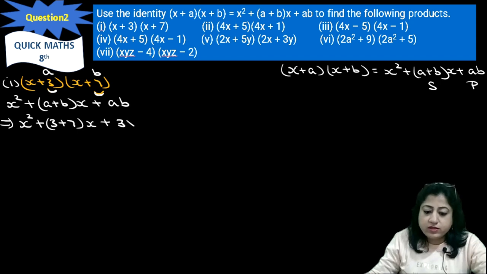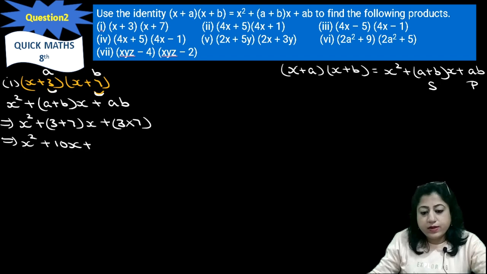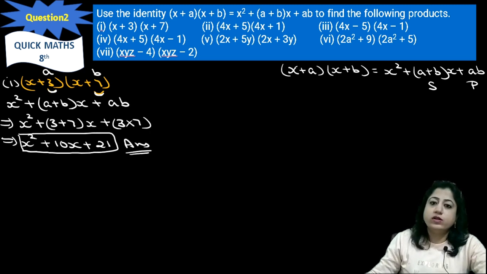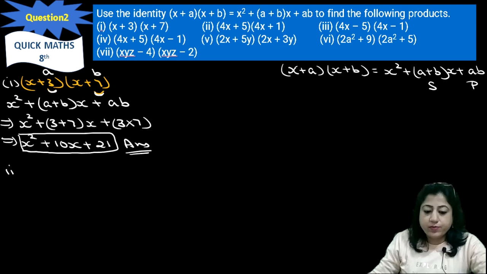So it will be x square plus the sum 10x plus the product 21. So this is the required algebraic expression. It is quite simple.